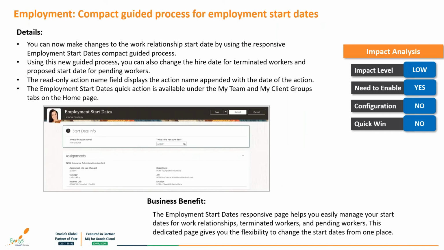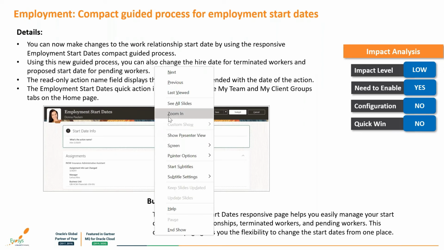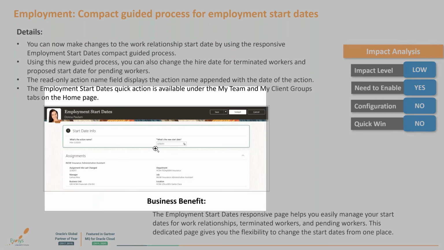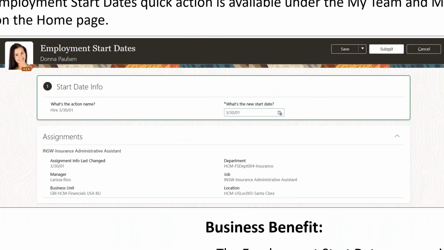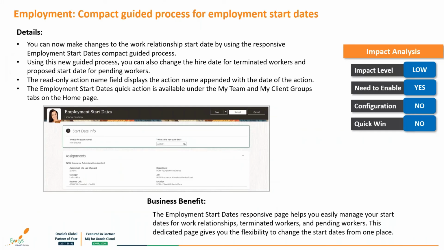Compact guided process for employment start date. Now, this feature has been newly introduced. Oracle has provided an employment start date feature wherein you can access an employee and change the start date of a terminated employee, or even amend the proposed start date of pending workers.